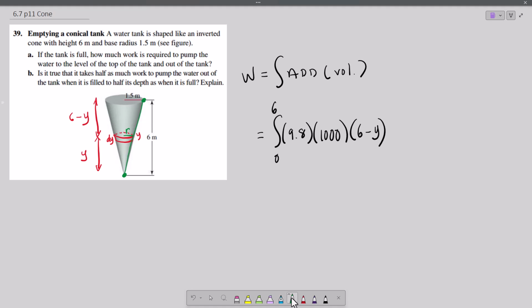If you envision your coordinate system right there, isn't that just a line through the origin? The equation of a line, mx plus b, if that line is going through the origin, is mx plus 0. So it's just slope times x.